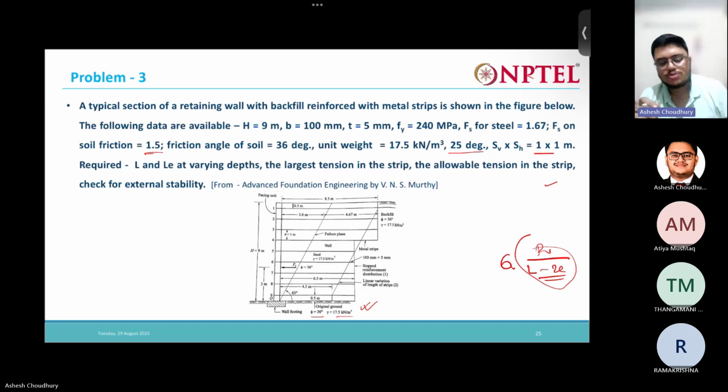So you solve this by yourselves, using whatever technique was used in the class, following the BS code provisions or the highway provisions.